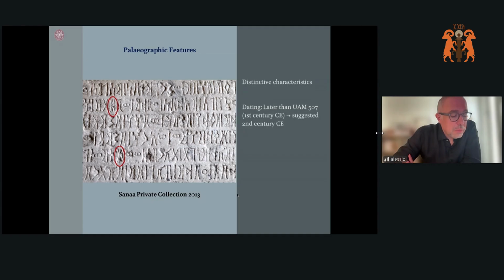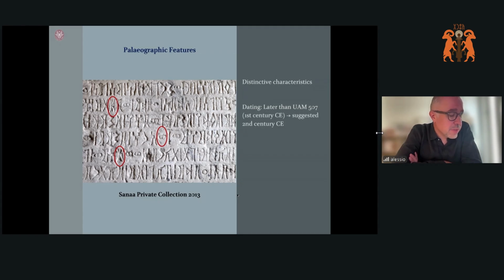The letter Mim shows irregular execution. Similar observations apply also to the letter Ba, which occasionally assumes a more rectangular form, sometimes narrower. The letter Ra is serpentine in shape, Kaf exhibits curved upper strokes, and finally, the Waw takes the form of a double loop, which is an important dating clue.